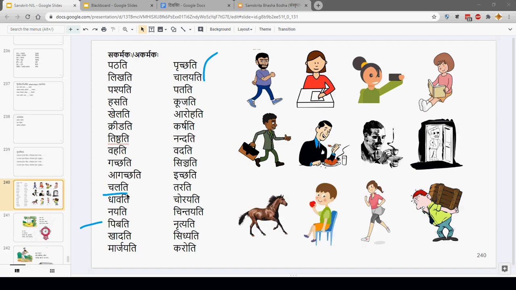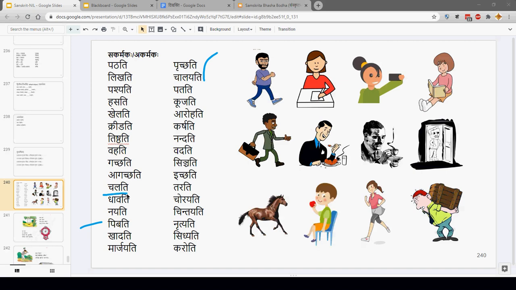Pujati is making sound. Intransitive. Yeah, intransitive. Next. Arohati. Sorry, not sure what that means. Arohati is climbing. So that would be transitive.